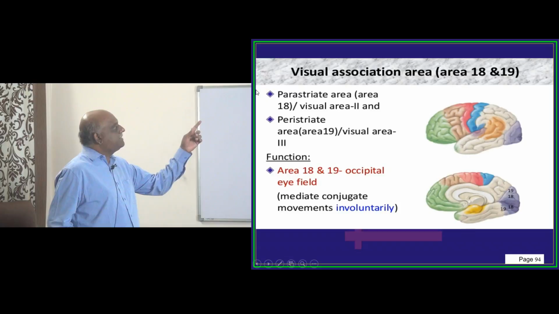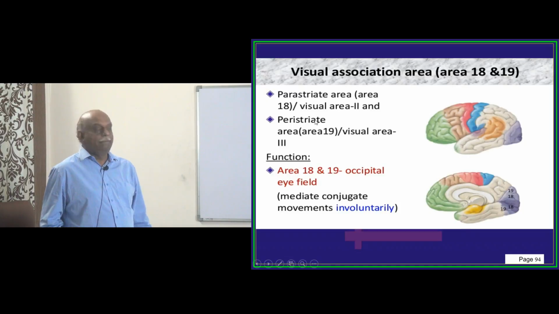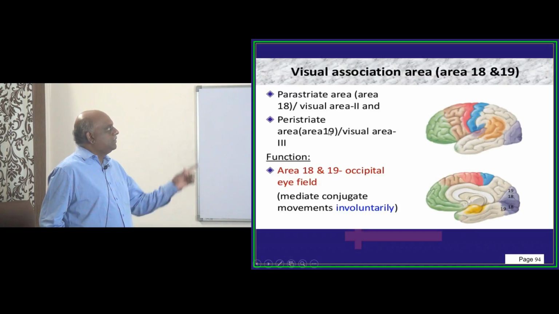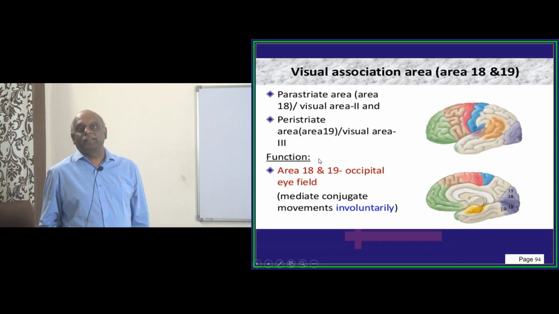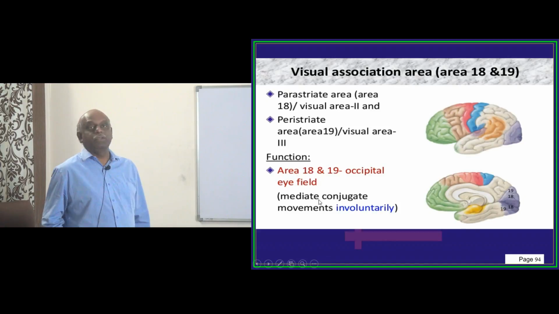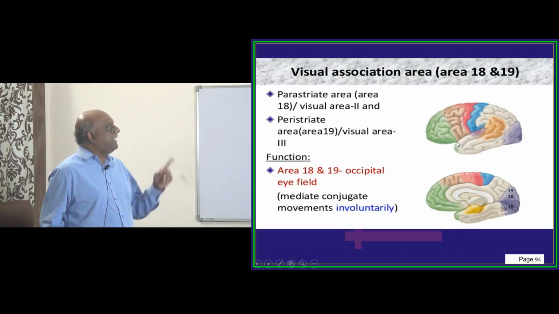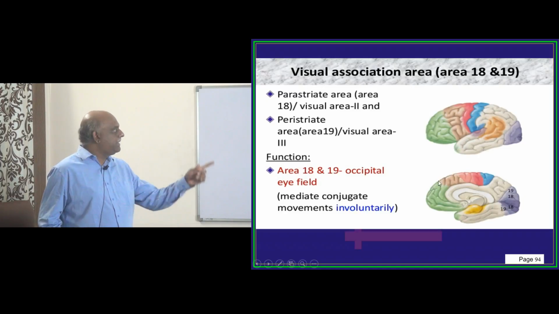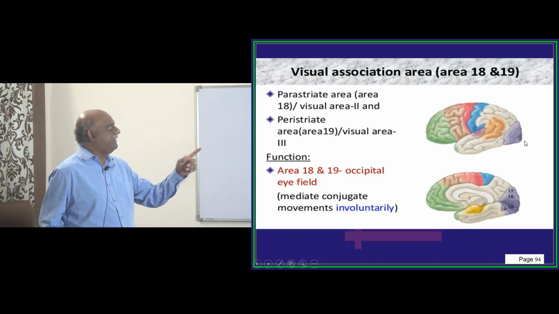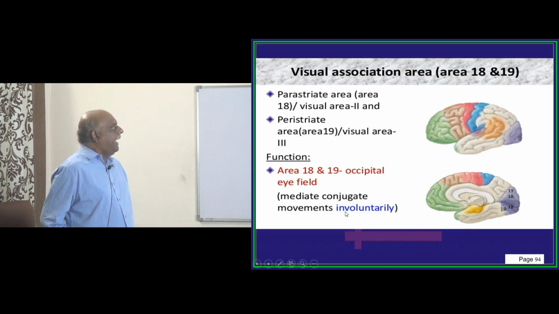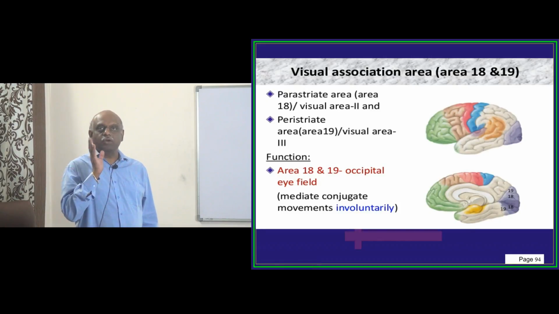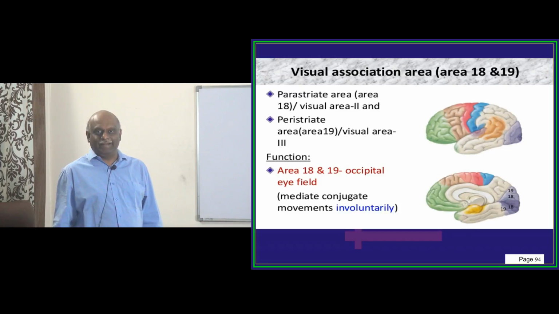There is a parastriate area and a peristriate area, which are visual area 2 and visual area 3. So what is their function? Area 18 and area 19 are basically called the occipital eye field. We have certain conjugate movements that occur involuntarily.